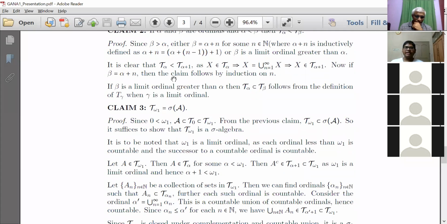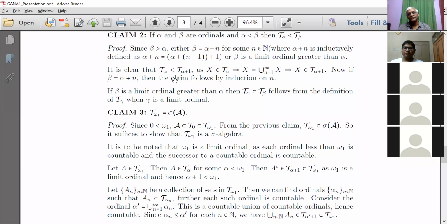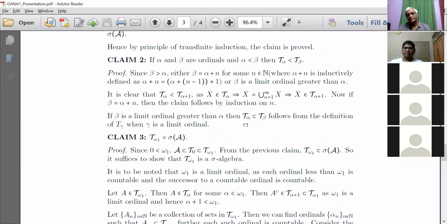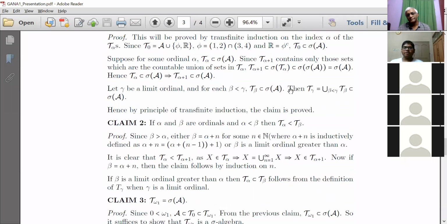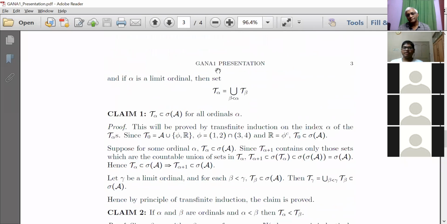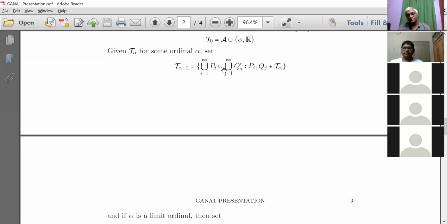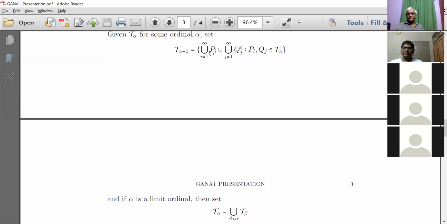So it is clear that T of alpha is contained in T of alpha plus 1, because T of alpha will contain the empty set, so we can just put each of these things to be the empty set and each of the S_i's to be the set that we pick from T of alpha.